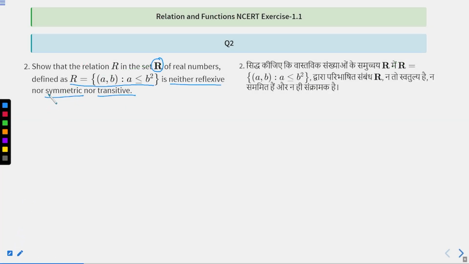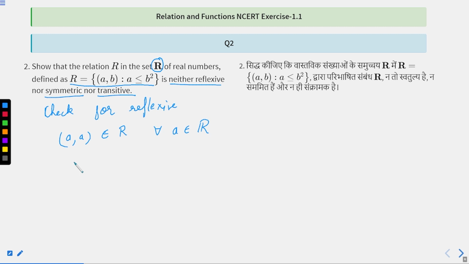Let's jump to our question. So in here, let's check for the reflexive condition. Does (a, a) belong to the relation R for every a belonging to the set of real numbers? Does this happen? Let's take a real number.